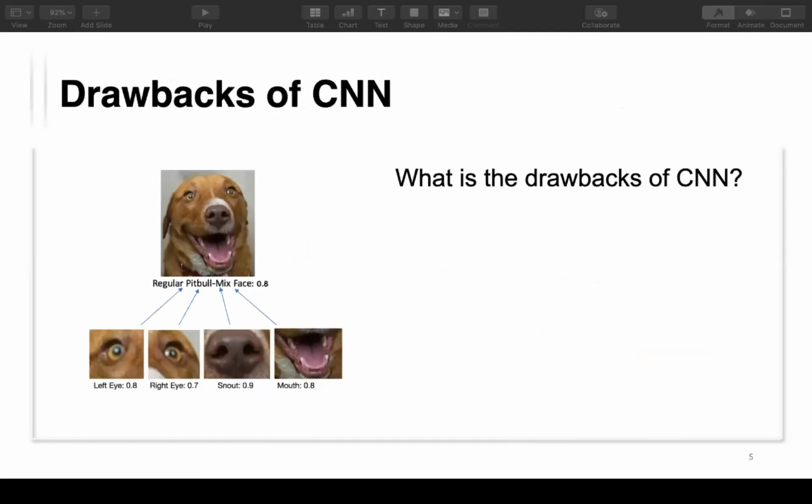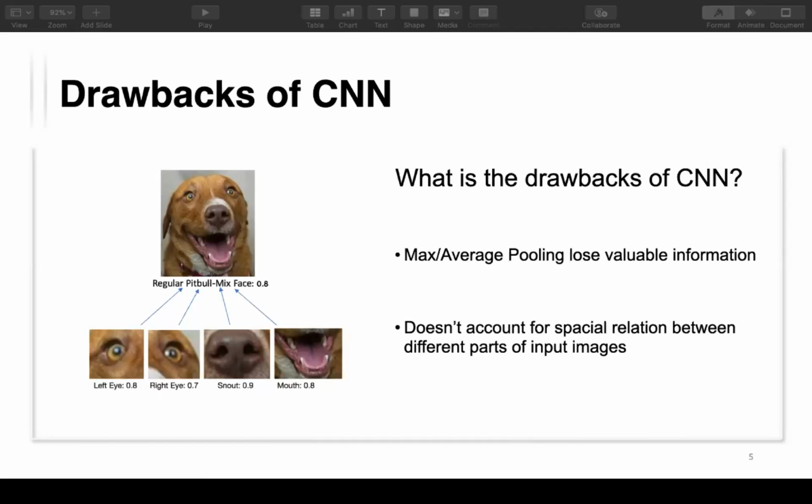But there are some drawbacks of CNN. One is that the max pooling layer will lose some valuable information about the input pictures. The other is that it doesn't account for spatial relations between different parts of the input images. For example, take a dog picture, and suppose the CNN has extracted the features of the eye, snout, and mouth of the dog.